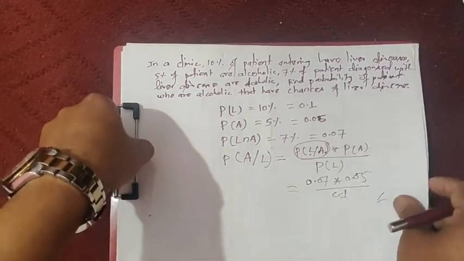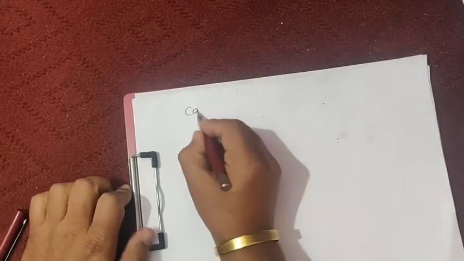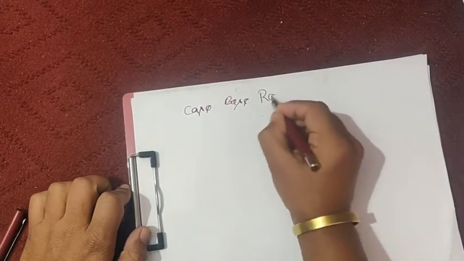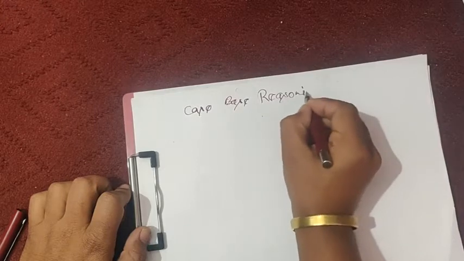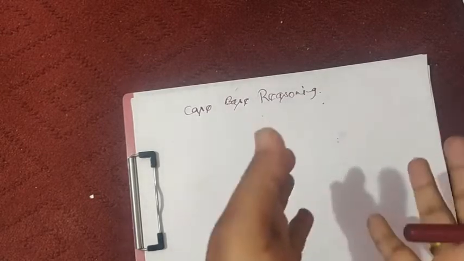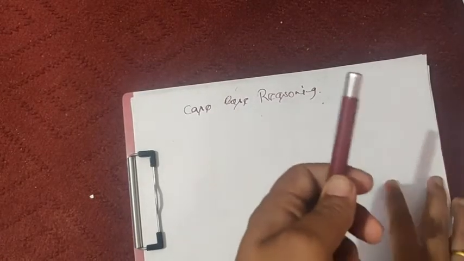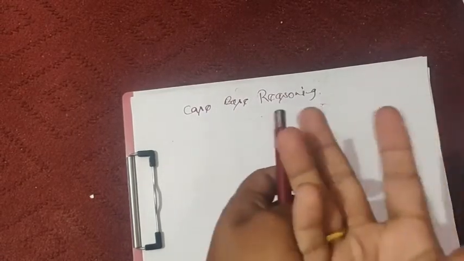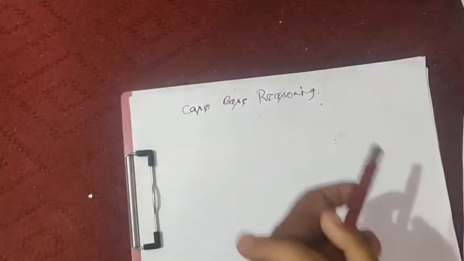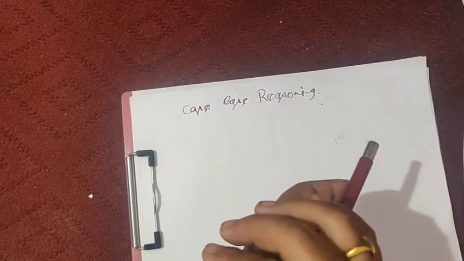Okay, so we will be moving to the next topic, that is case-based reasoning. By the topic it says case-based reasoning. So case-based reasoning is the process of solving a new problem based on the solution of a similar past problem.